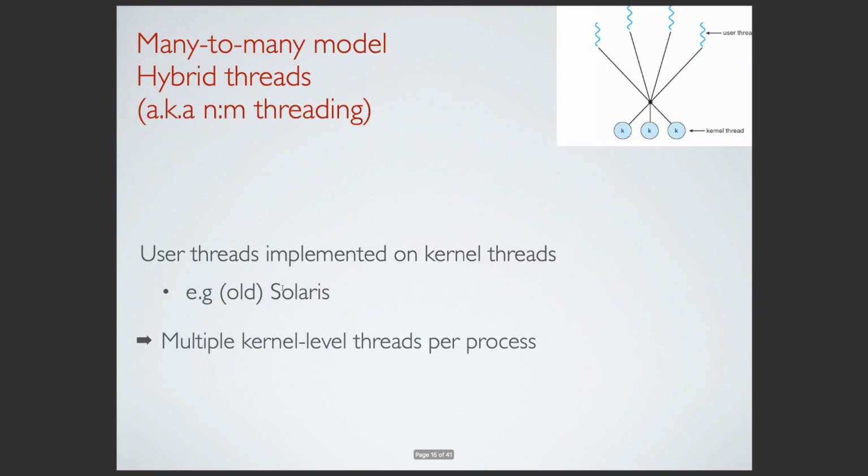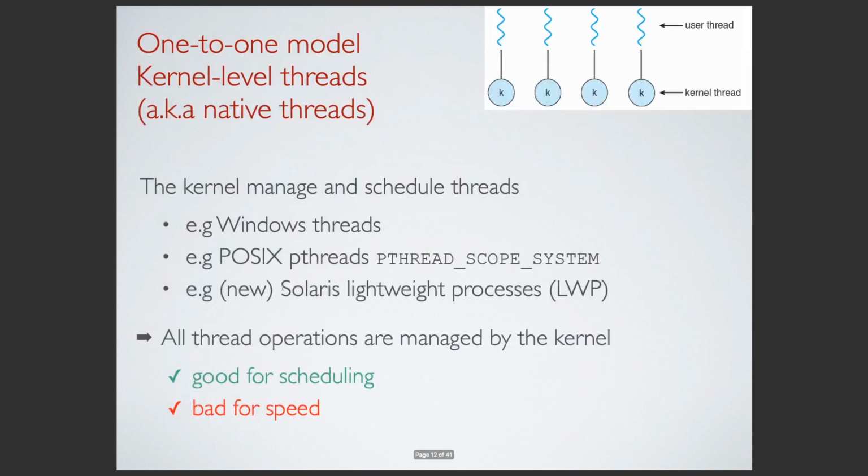This is how it works on the old Solaris system, but it looks like a good idea, but it's not. It's actually more efficient to go back to the one-to-one model, and that's why the new Solaris version switched to this one-to-one model, with the LWP, lightweight processes.